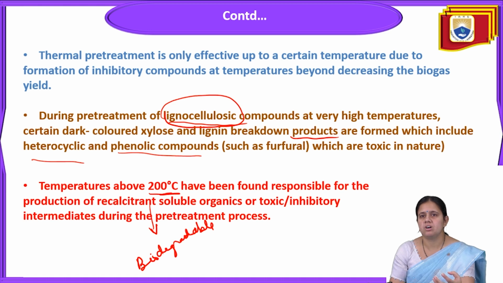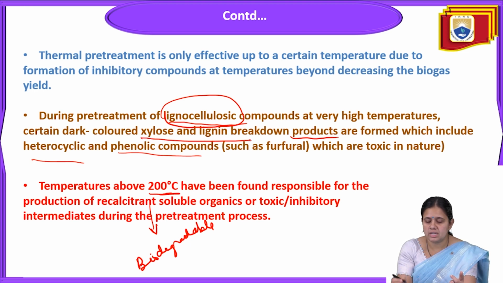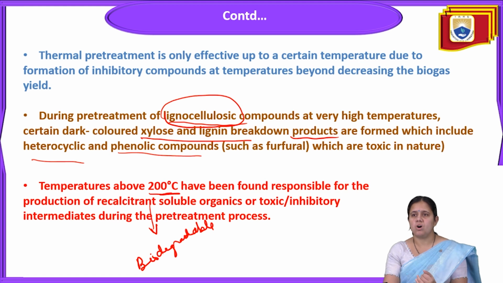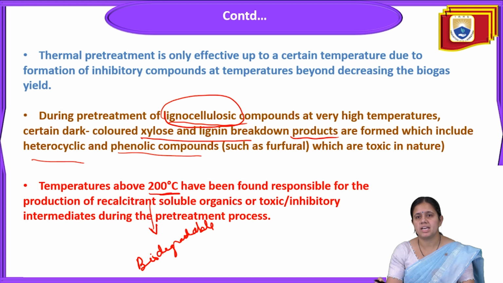So pretreatment of lignocellulose at a very high temperature forms dark colored xylose and lignin breakdown products, including heterocyclic and phenolic compounds such as furfural, which are very toxic in nature.